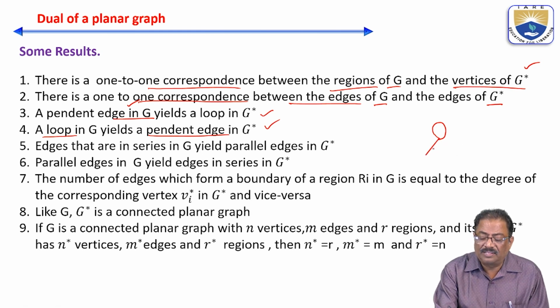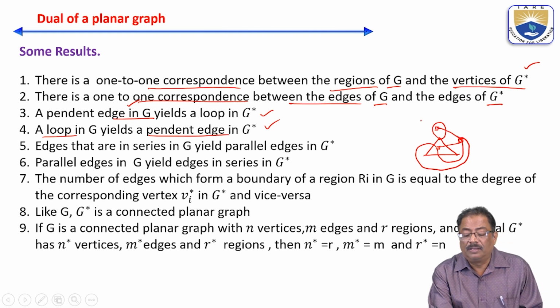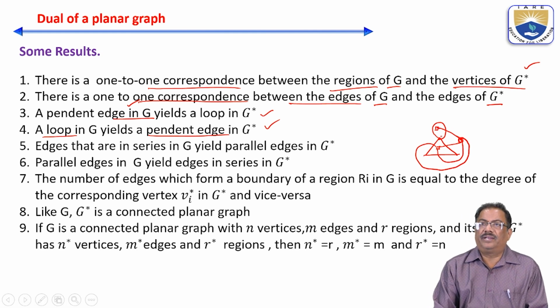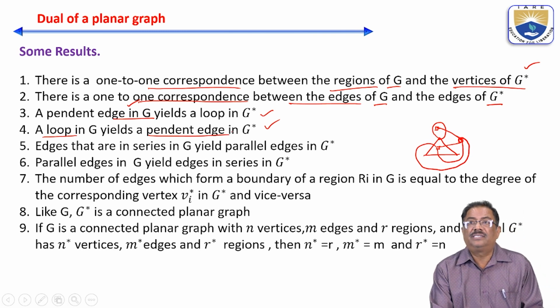The corresponding region is 1 we are going to get, and this is another region, and this is another region. So for this we are going to connect, for this we are going to connect, and for this we are going to connect only the pendant edge. That means the edge which we create for the given edge crosses the given edge only once. So any loop will give a pendant edge in G dash.